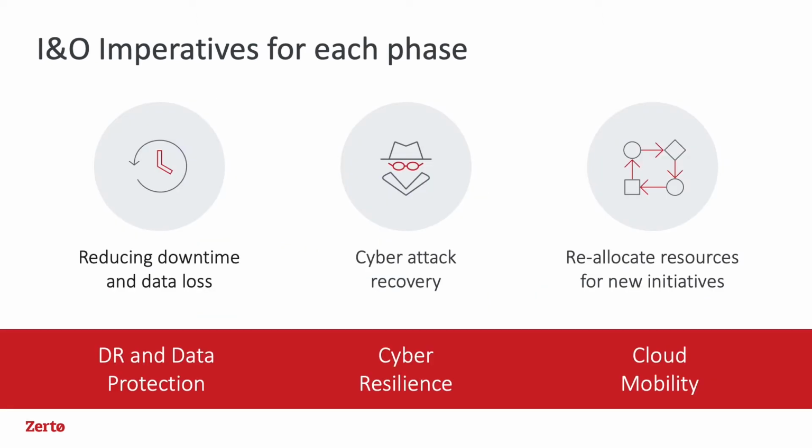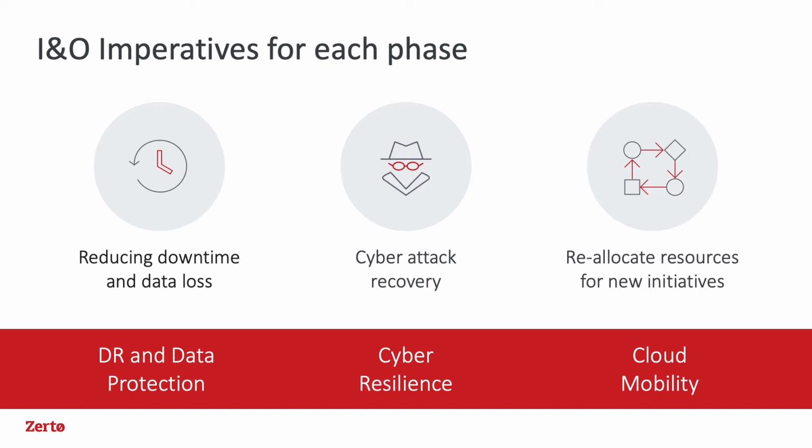When we look at the imperatives for success for each phase of the recovery, your renewal, your recovery, and being able to respond, it comes down to 3 very important things. The first one is being able to reduce downtime and data loss. This means what your DR and data protection solutions look like, and what your approach is.